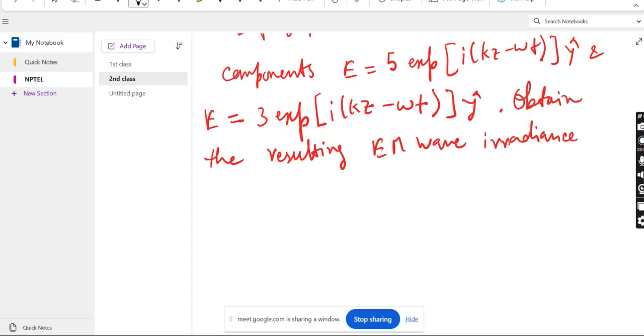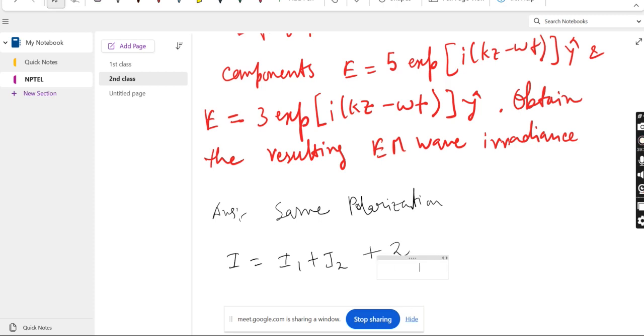So both the electric fields are along the same direction, so they have synchronization. I equals I1 plus I2 plus 2 times c epsilon real part of E1 E2 star.